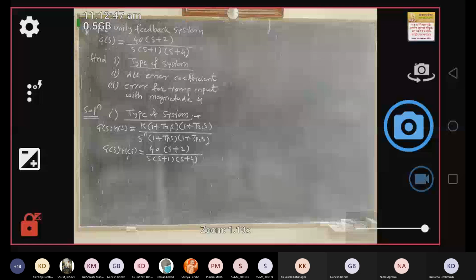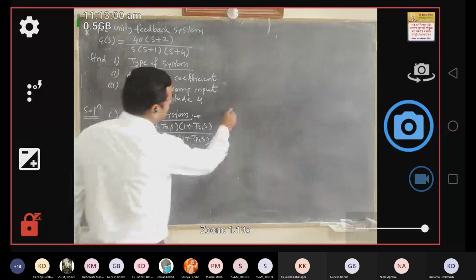In which form is the transfer function given? It is given in pole zero form.